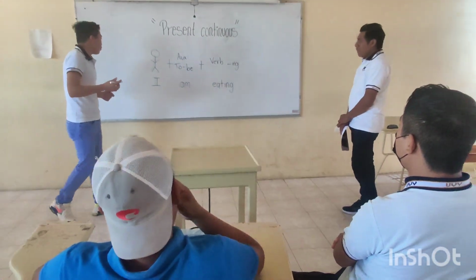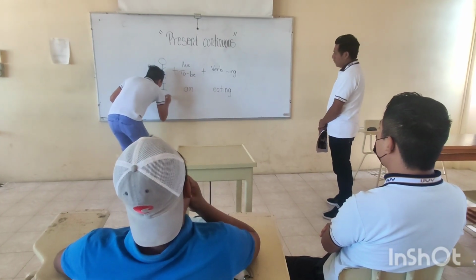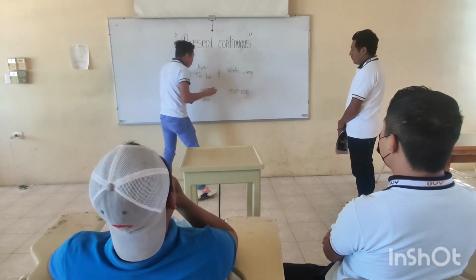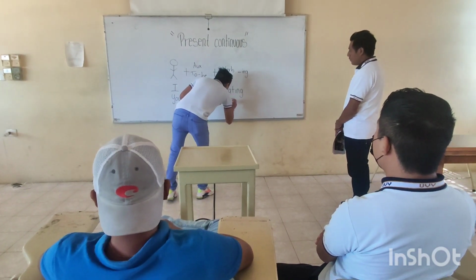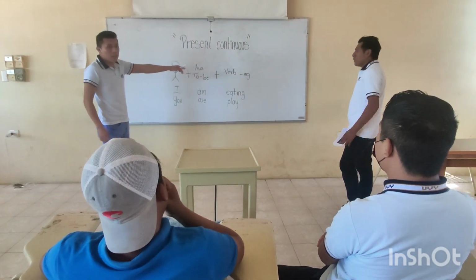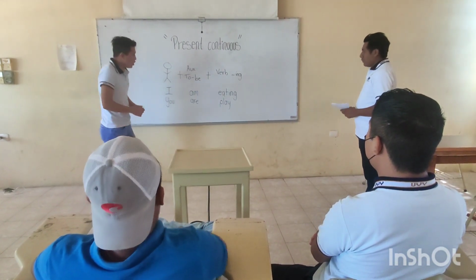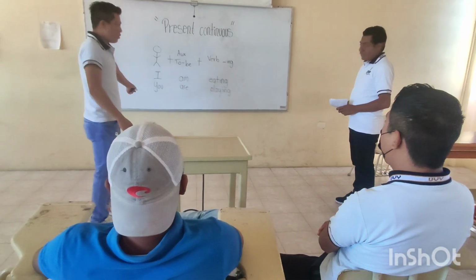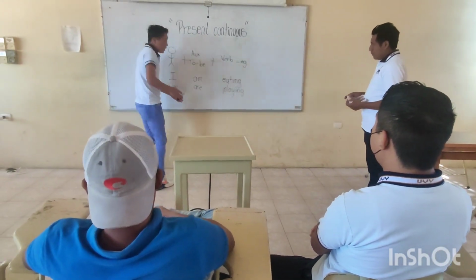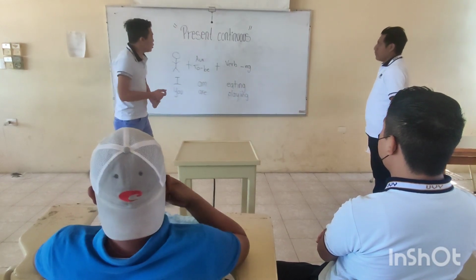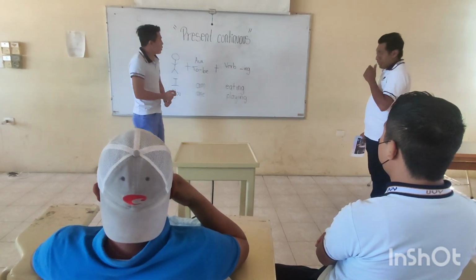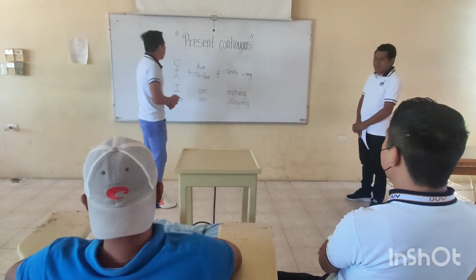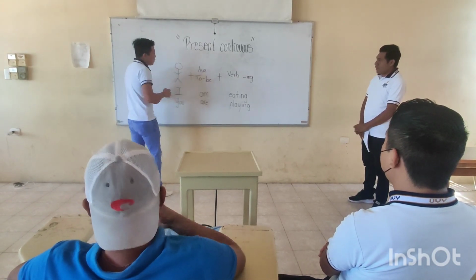Another example could be: you are playing. But it's necessary to add the ing. Now it is: you are playing. It's very easy to use the present continuous with different verbs, just put the ing ending on the verb and use the pronoun and the auxiliary verb to be.